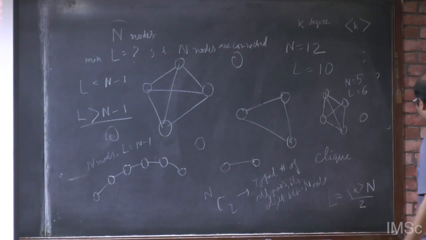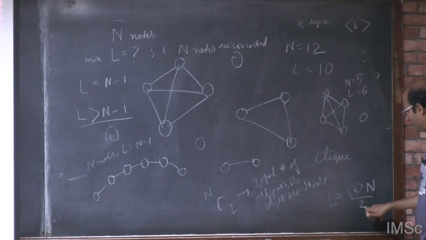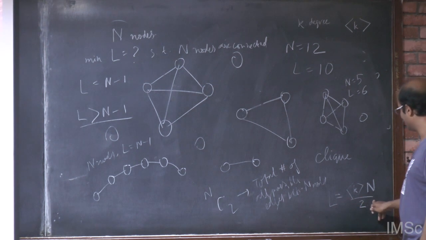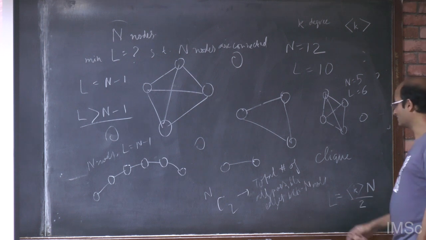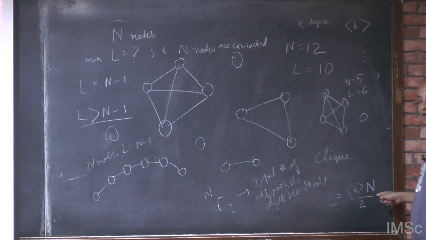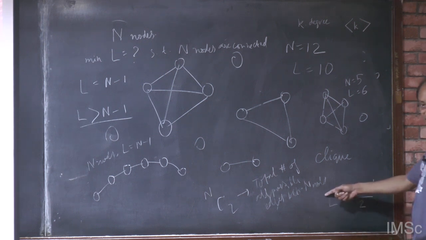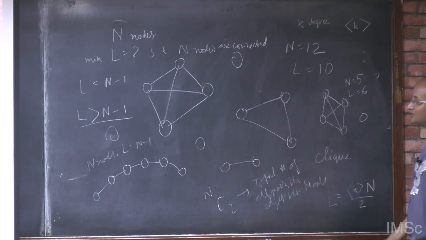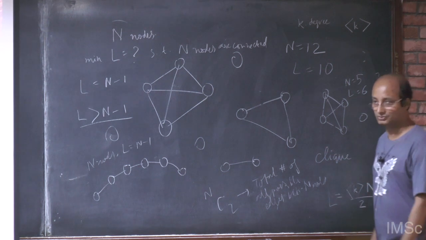So that's why you have to consider this factor of half, and so this gives you a relation between L, N and average degree. Now given L and N, I can work out the average degree simply by using this relation. So again, this would tell me that the average degree is around 2.